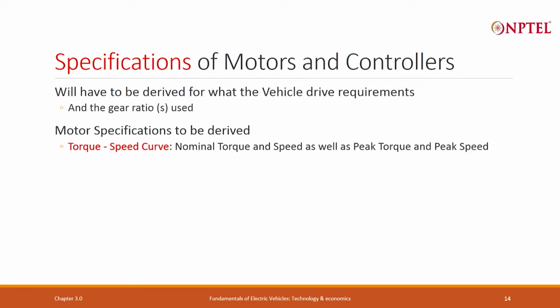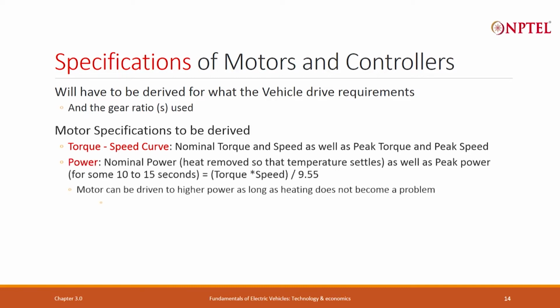There is one more term that will keep on coming up. Sometimes we talk about nominal torque or nominal speed, and then we talk about peak torque and peak speed. As I discussed in the class, this nominal and peak, we also say the same thing about power. A motor has 5 kilowatt nominal, but peak can go to 8 kilowatt.